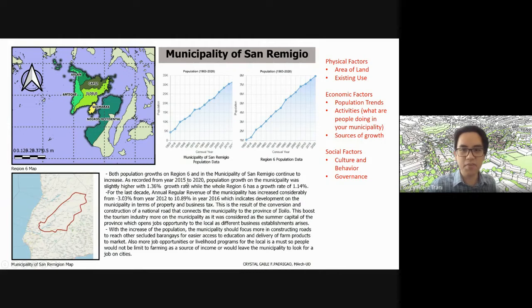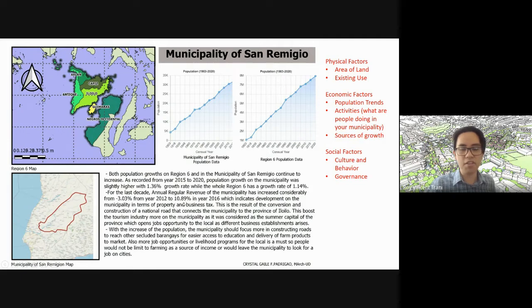Let me quickly read through this for everyone and for myself. Both population growth, Region 6 and the municipality of San Remigio, continue to increase as recorded, with a 1.14 growth rate for Region 6. And for the last decade, annual regular revenue of the municipality has increased considerably, from minus 3.03% in 2012 to 10.89%.